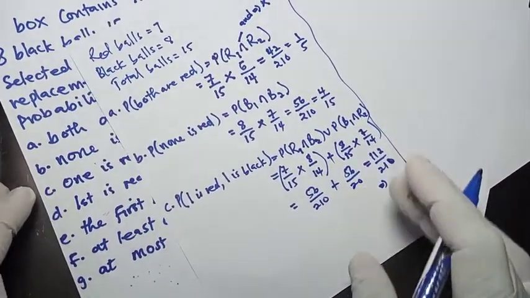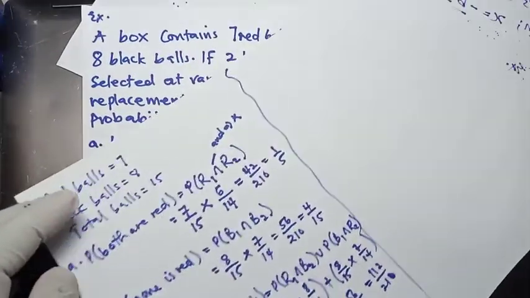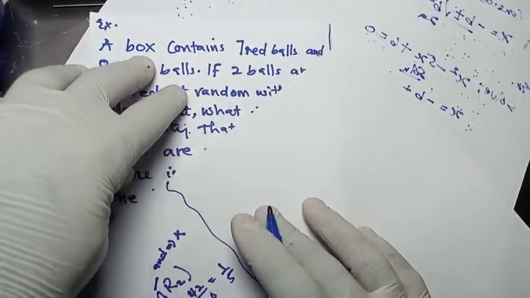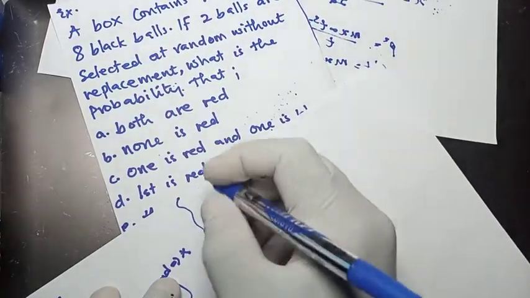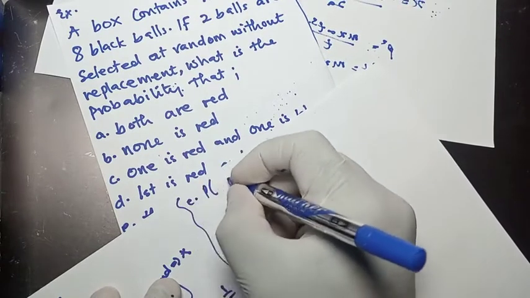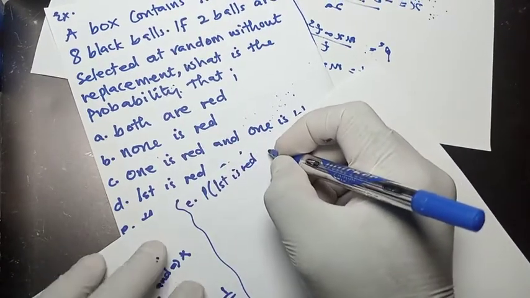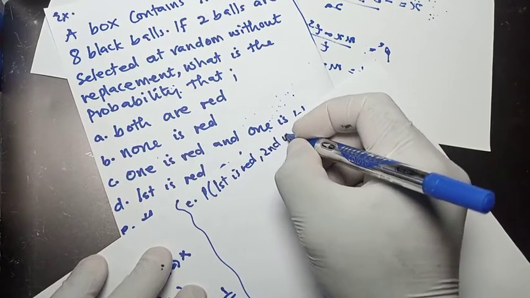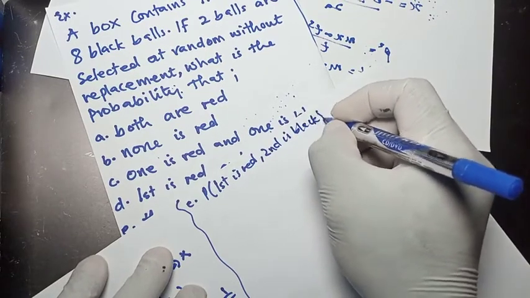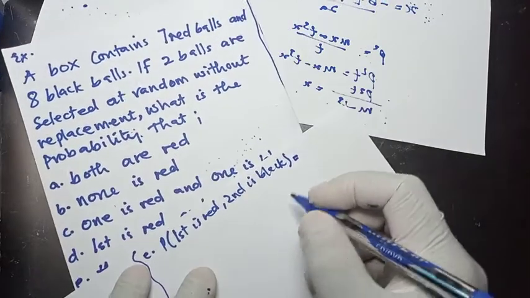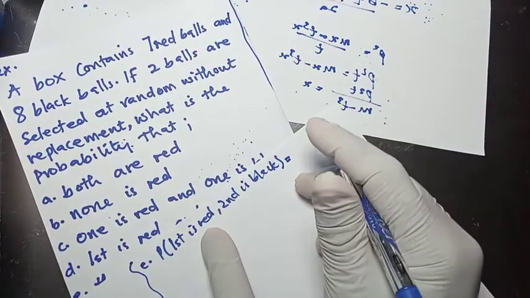now the E aspect, let me do it here. So the E aspect, we have first is red, second is black. So here we are saying that the first is red.